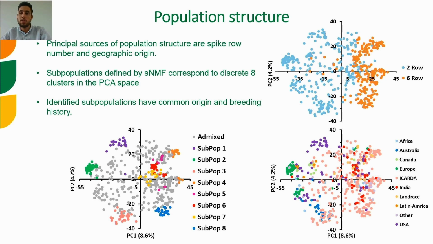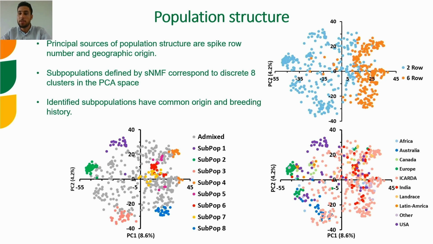The subpopulations located on the negative side of the first principal component consisted of 3 subpopulations that split according to their origin. These 3 subpopulations are 2-rowed and comprise genotypes from USA, mainly the subpopulation 1. The subpopulation 2 comprised European genotypes, and the 3rd subpopulation included genotypes from Icarda and Australia.